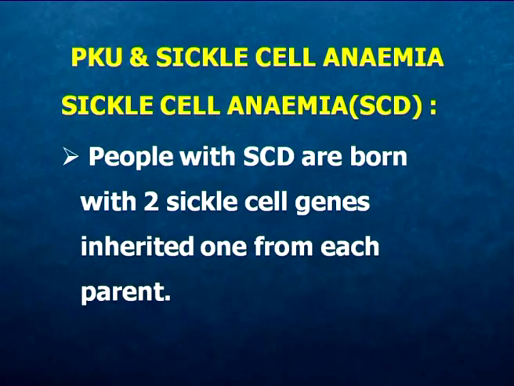Now people with SCD are born with two sickle cell genes inherited one from each parent. Now a single sickle cell gene is harmless, but when it is present in homozygous condition, that person will suffer from sickle cell anemia.